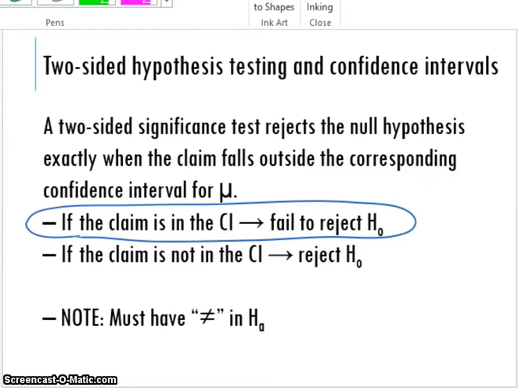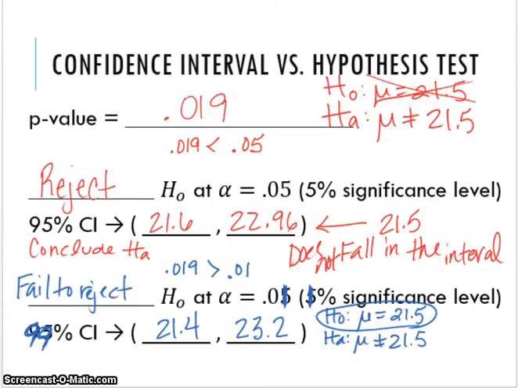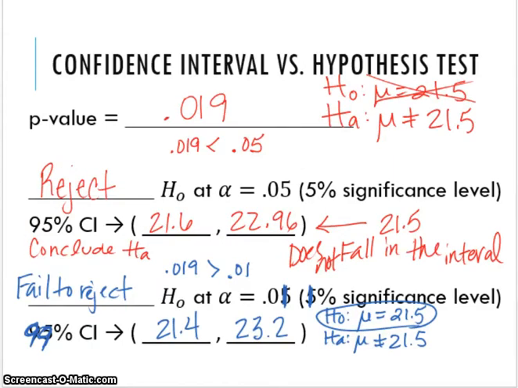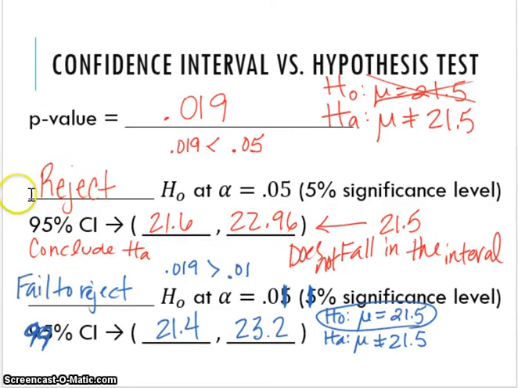Then we also saw in the red that if the claim is not in the interval, we would reject. The 21.5 is not in the interval, so we don't think it's 21.5, and we can go ahead and reject that. In the blue, if the claim is in the interval, then we fail to reject. The claim 21.5 is in the interval. We are 95% or 99% confident this is our interval, so we cannot reject.